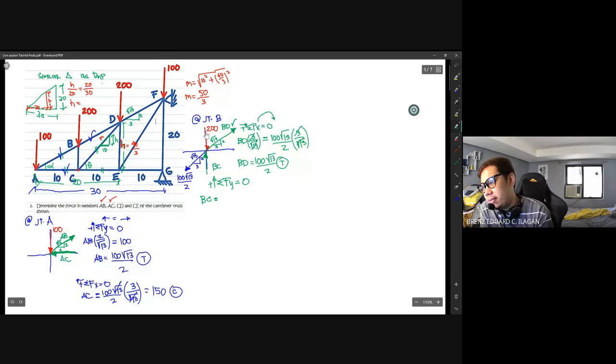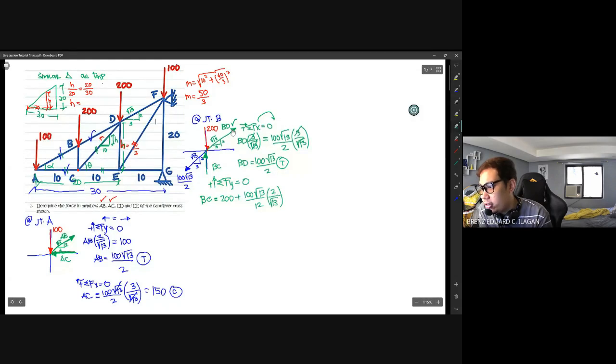Okay, so BC. So ito pababa. Again, lahat ng pababa kapag nasa kabilang side ng equals is positive na. So 200 plus, yung y component niya na 100 square root of 13 over 2, multiply by 2 over square root of 13.